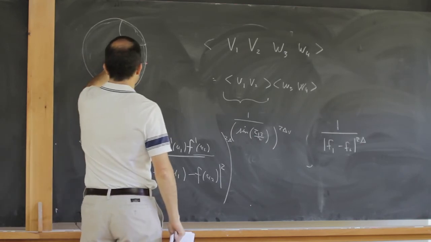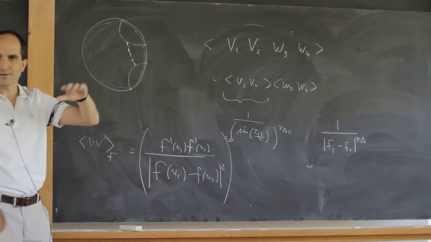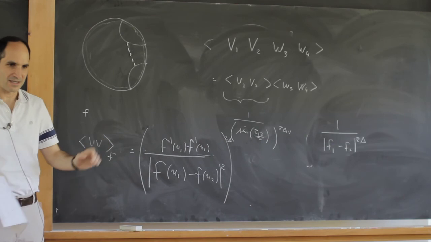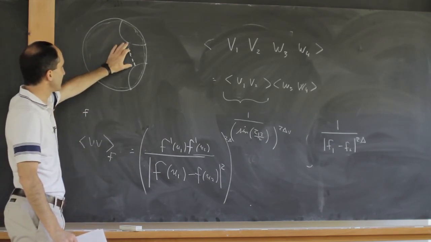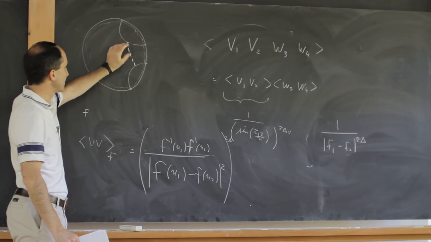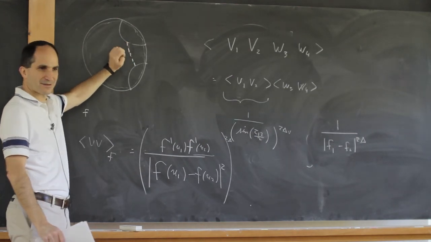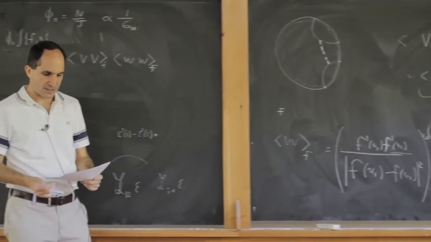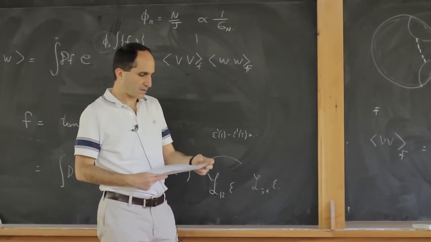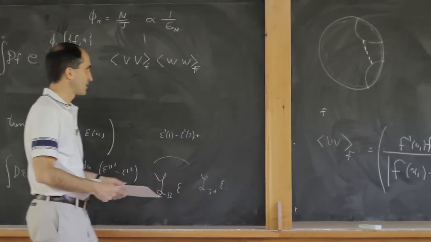We don't expect this extra 1 over n correction to lead to chaos and so on. It might in some cases, if these fields have higher spin, for example. But if these fields are ordinary scalars and so on, you don't expect them to give rise to chaos. So that's why we don't include it in that discussion.